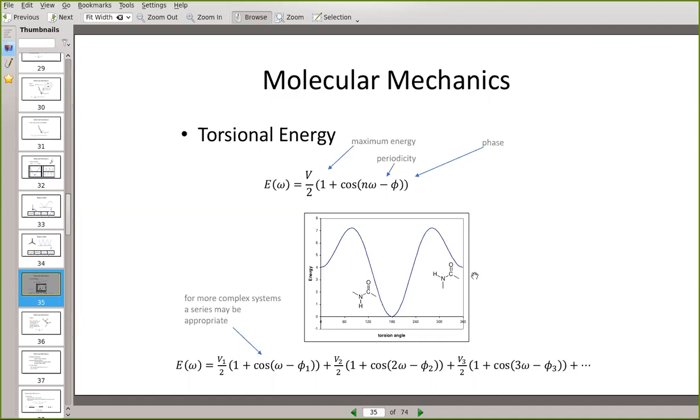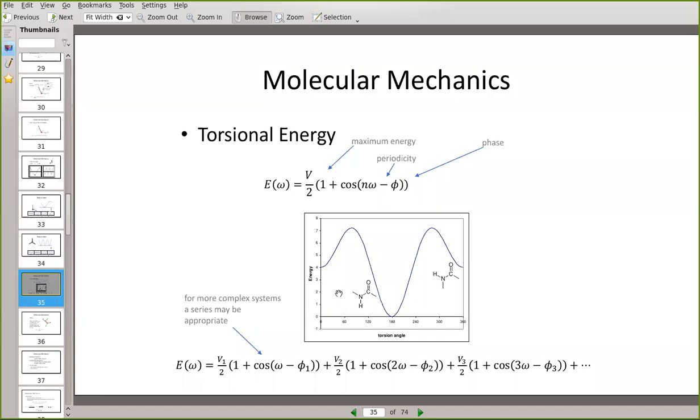And that's not quite a cosine graph, but fortunately, you can build up a shape like this by adding cosine functions together. So if you really want to get an accurate amide bond with the cis and trans forms for rotation about the NC of that amide bond, you might have to add cosine functions together. And so that might be the way to deal with it.